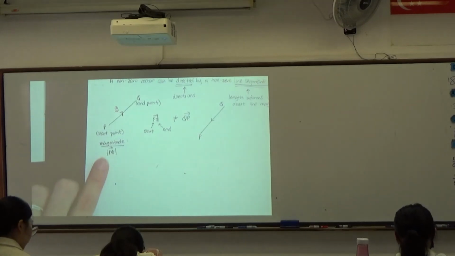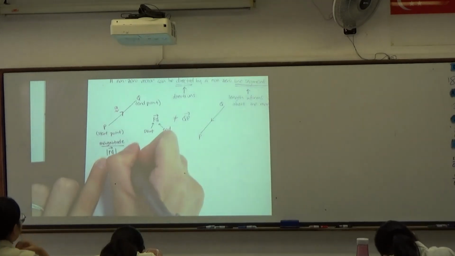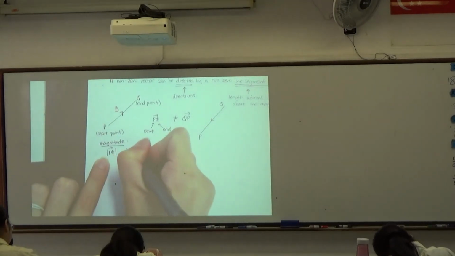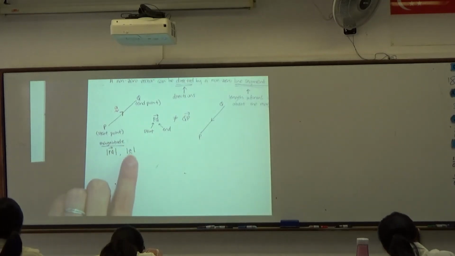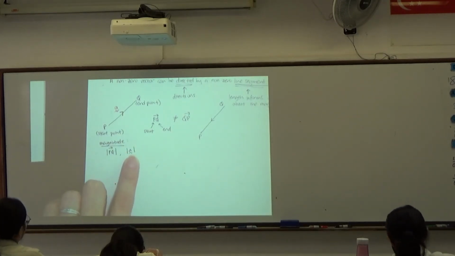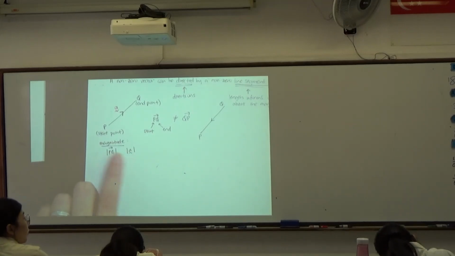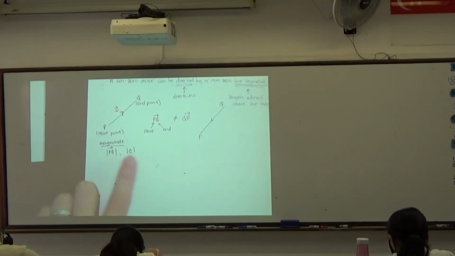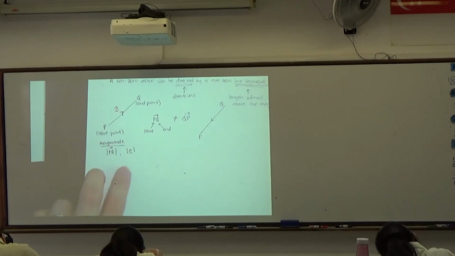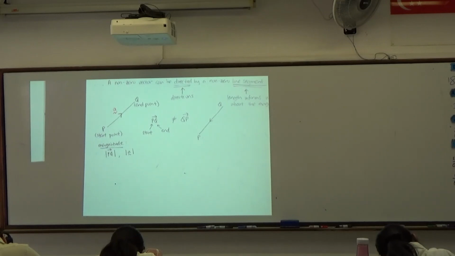We use notations like this, or notations like this, depending on how we represent the vector. Depending on the question, adapt accordingly. But we will definitely use those two strokes to represent magnitude.